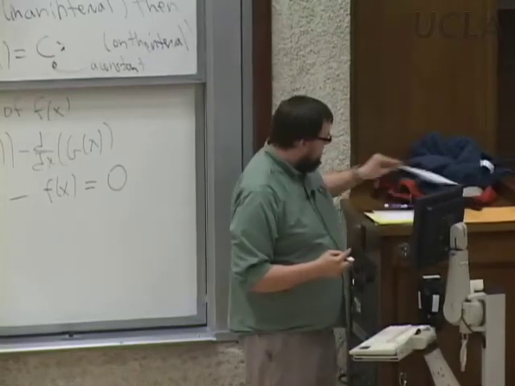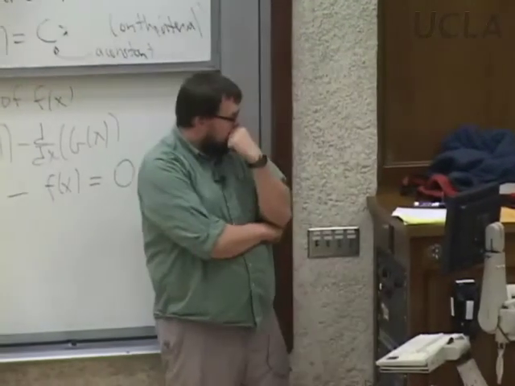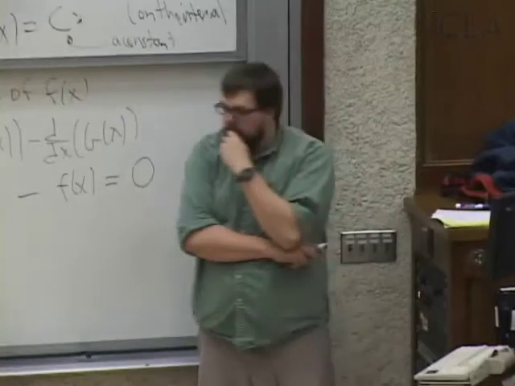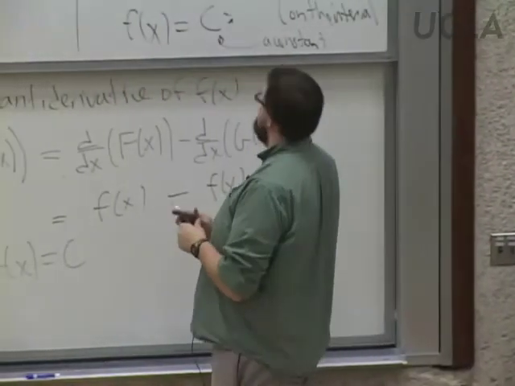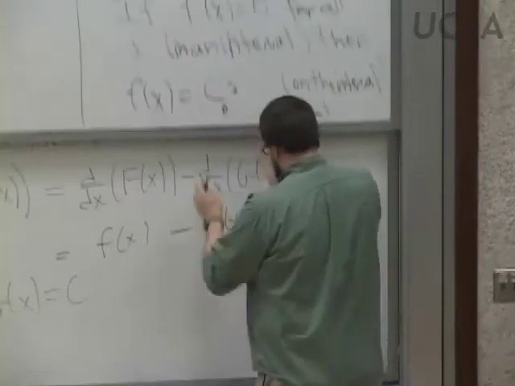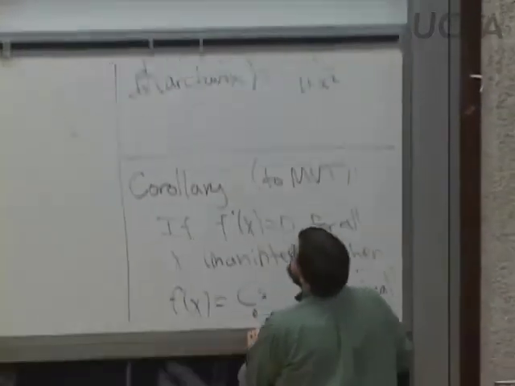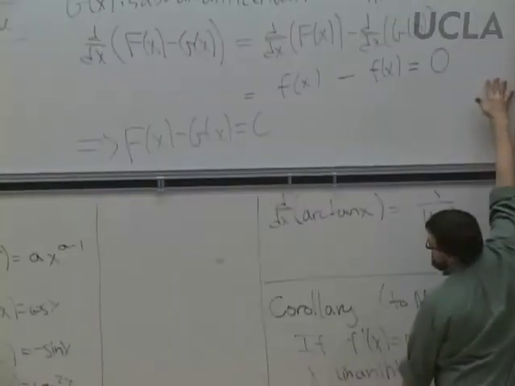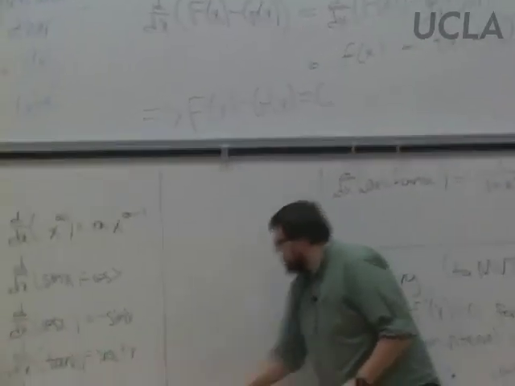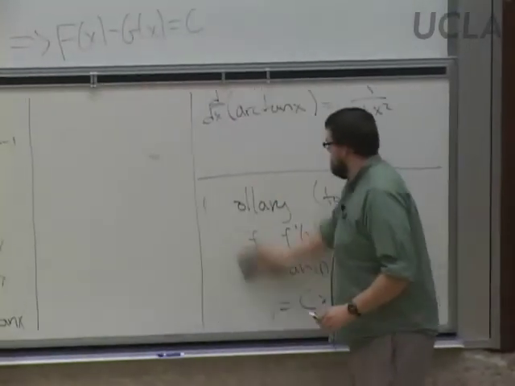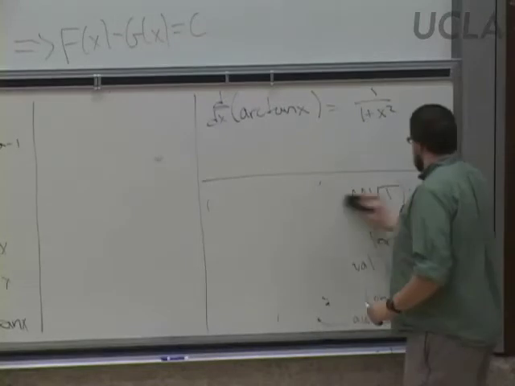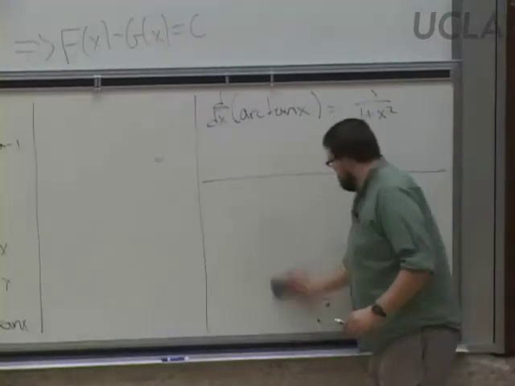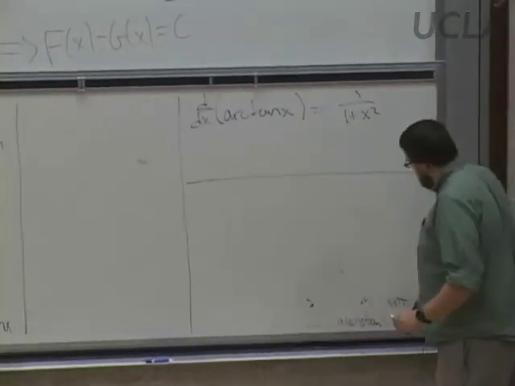Now, let me do some notation here. Okay, put this up. Put this down. So, some notation, because we don't want to keep writing "antiderivative of f of x" every time.